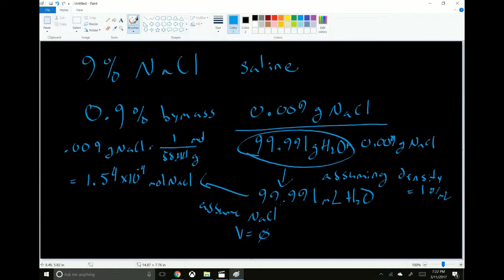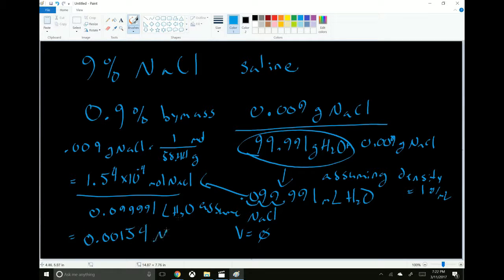And 99.991 is 0.099991 liters of water. Which means, for those of you who are curious, that the concentration of 9% saline solution is 0.00154 molar. 0.154 molar. I blame Richard.